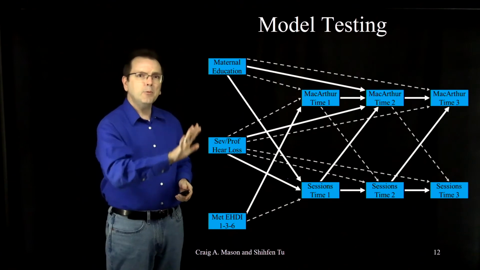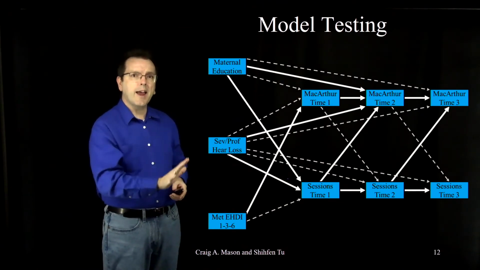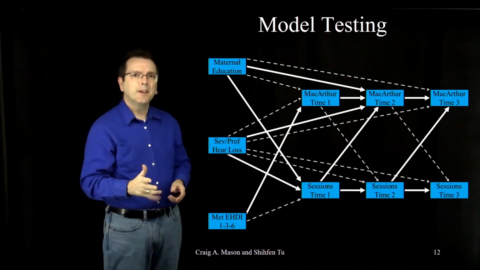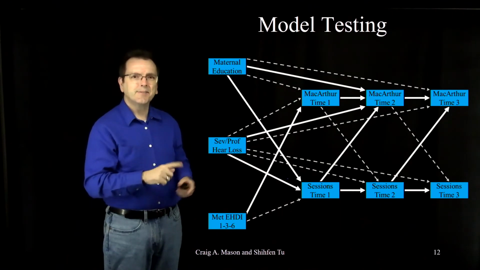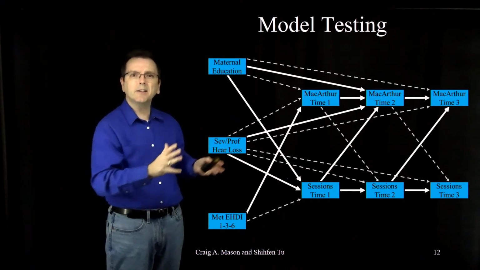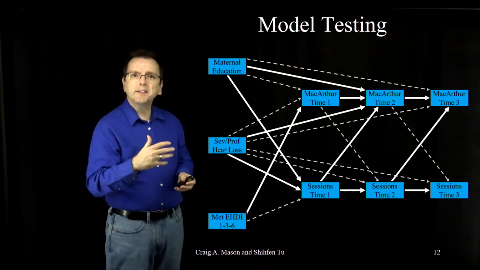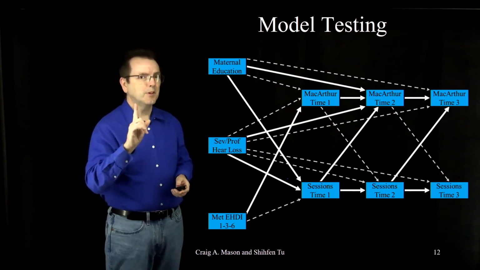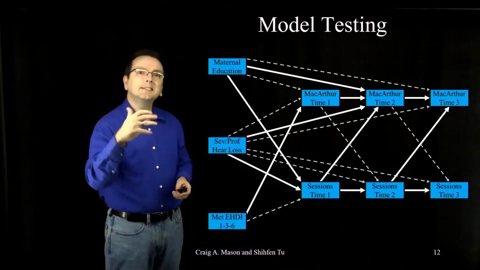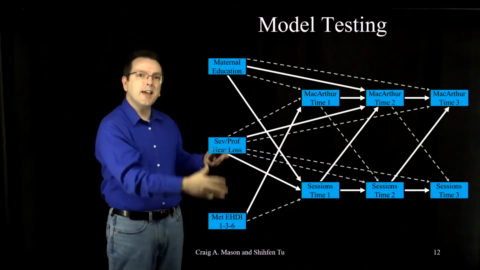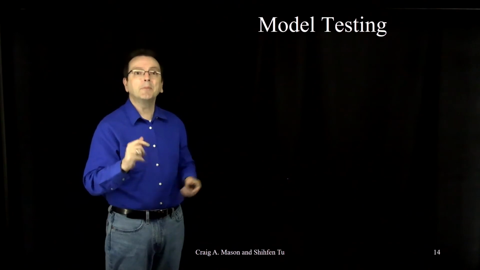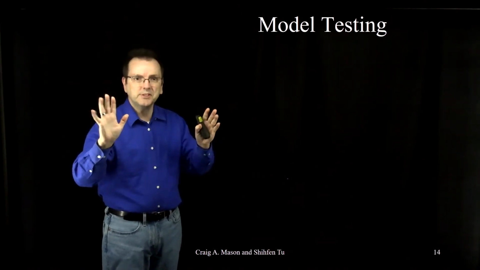And if you look at a model like this and think about it for a while, you may recognize that based on this model, you might expect to see, notice my language here, certain associations between the variables. For example, let's do a simple one.